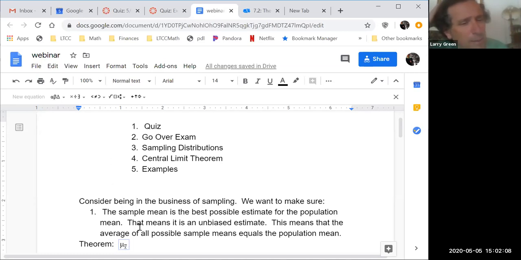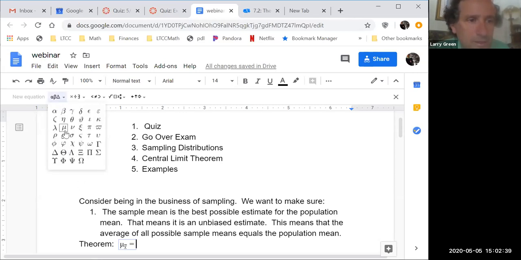What does x bar represent? You've seen this one before. X bar is a sample mean. So mu sub x bar means the population mean of all possible sample means. And the theorem says that that is equal to mu.